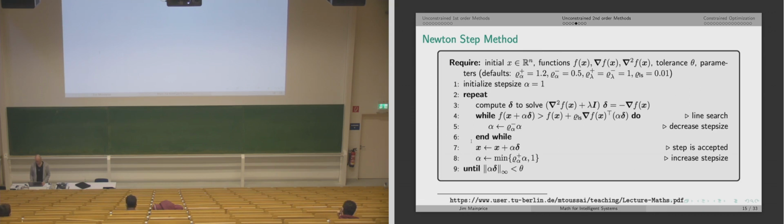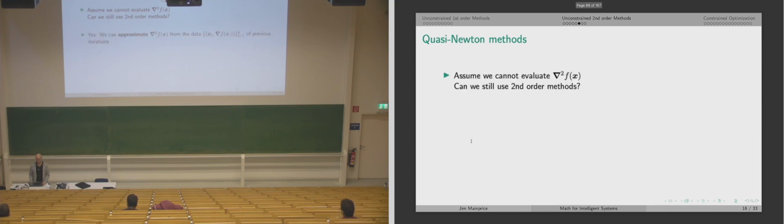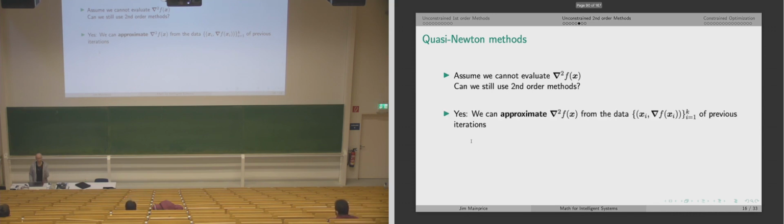Okay, what about when you don't have access to the Hessian? You can approximate it. The idea is that you get a data set of points and gradient evaluations at previous iterations and use that to approximate the Hessian.